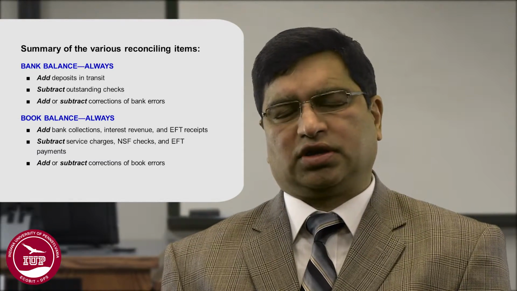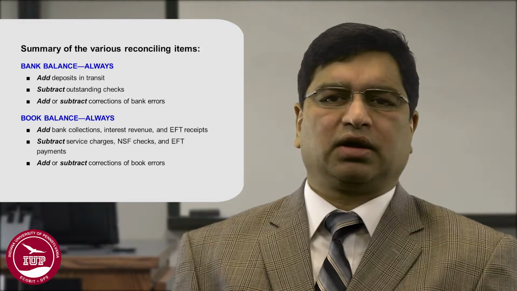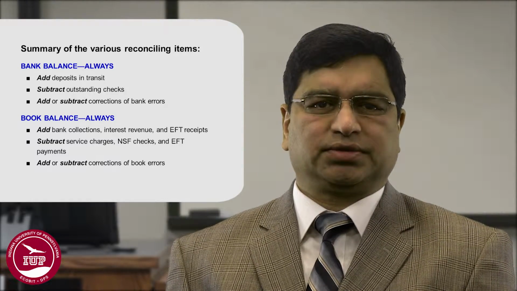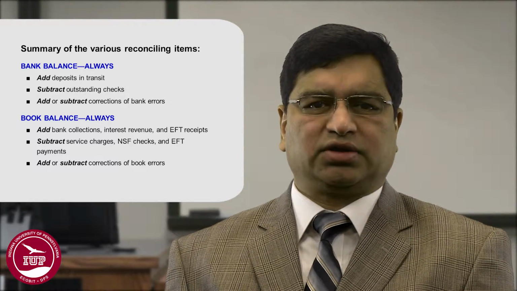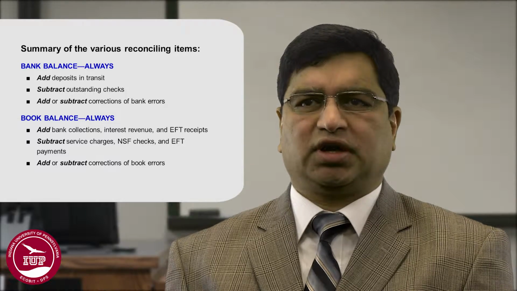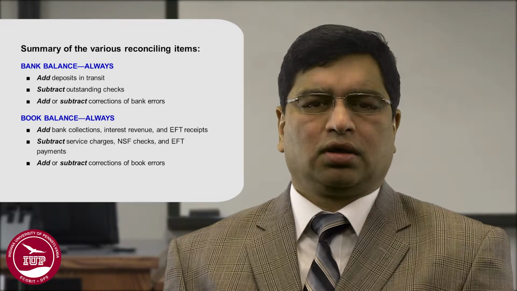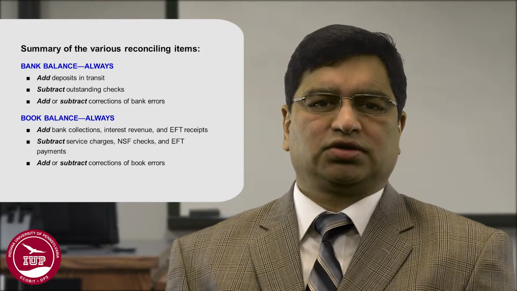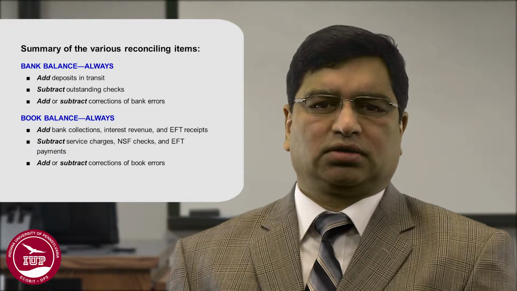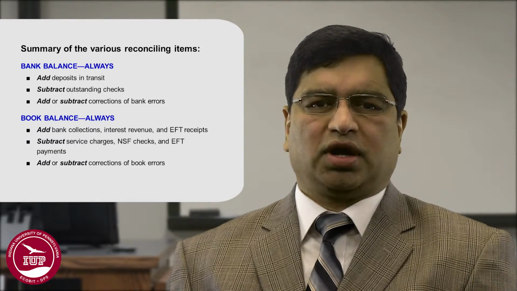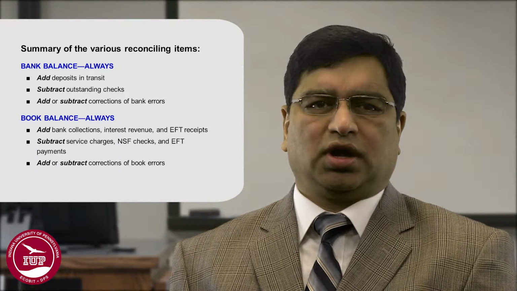That is all that has been collected by the bank first, or the bank comes to know about these first. And then you'll subtract the service charges, NSF checks, or any electronic fund transfer payments. In terms of correction of book errors, you will add or subtract the correction of book errors depending upon what the error is.